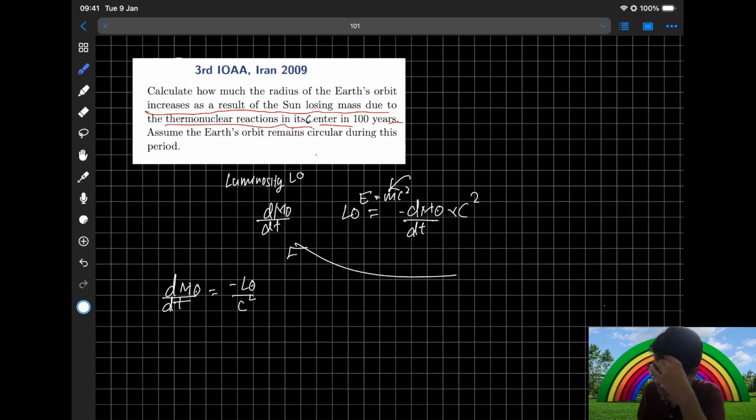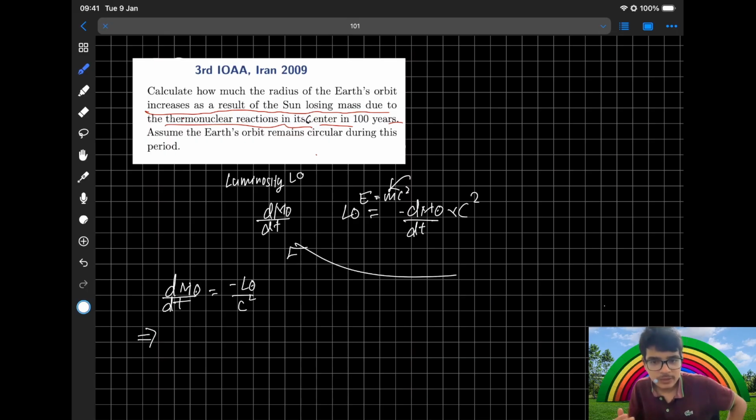There are a couple of ways, but the theory we need for this is isotropic radiation, where h times nu is constant. So what we know is the Sun loses mass at a rate dm by dt equals L naught by c squared.